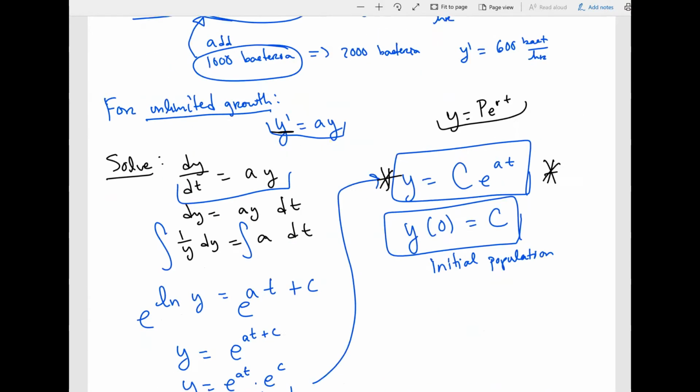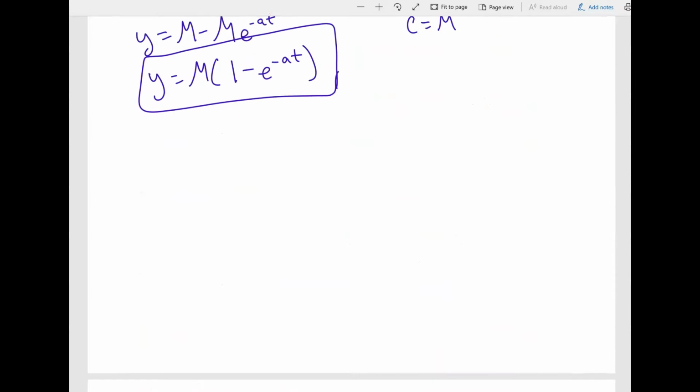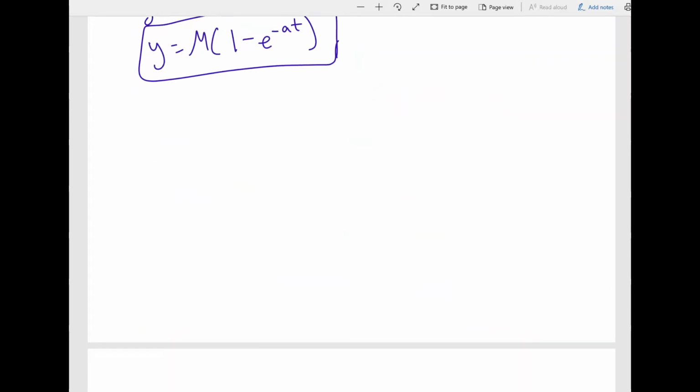Okay, so we have the third one, which we're going to call logistic growth.